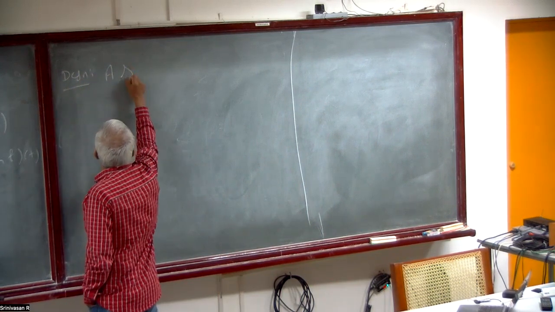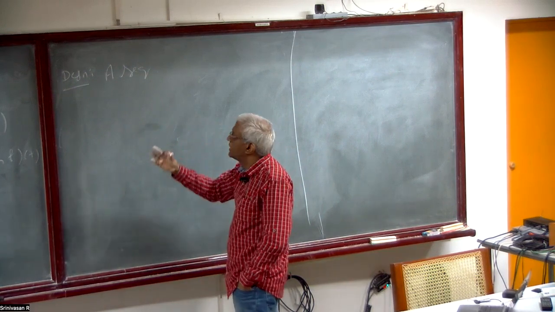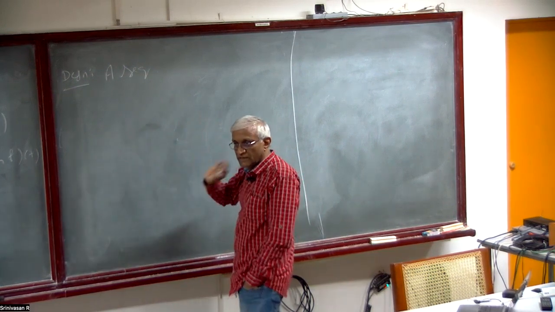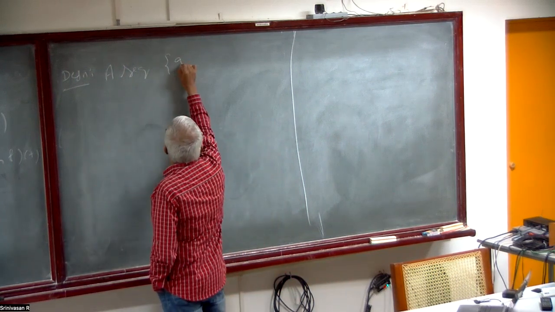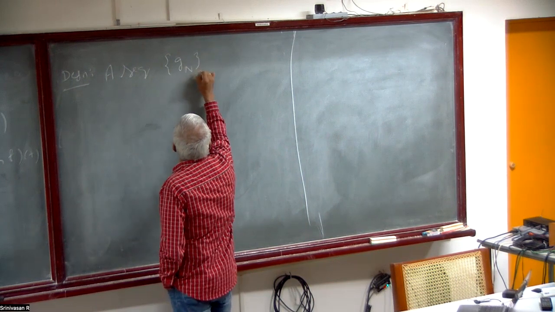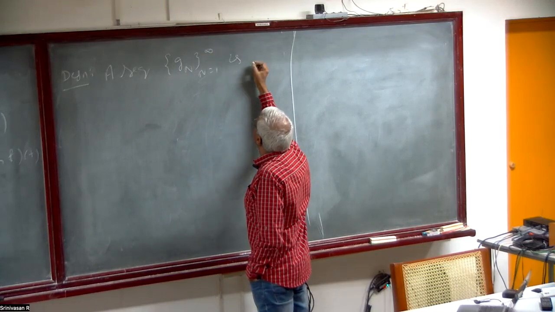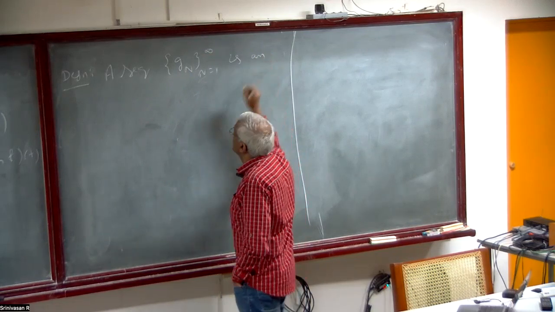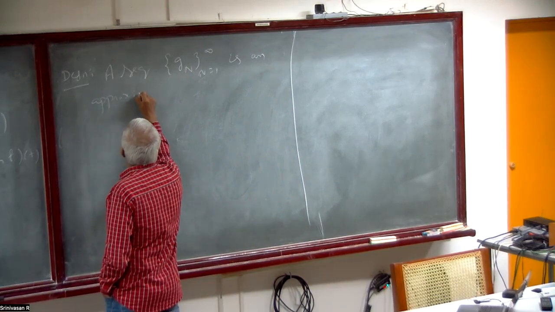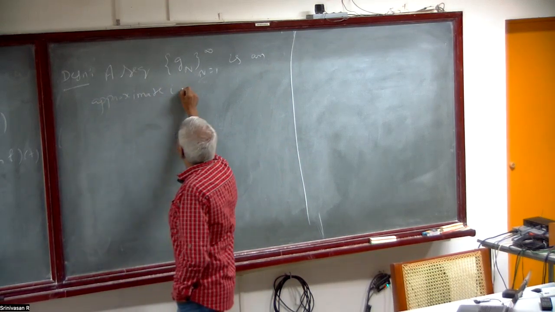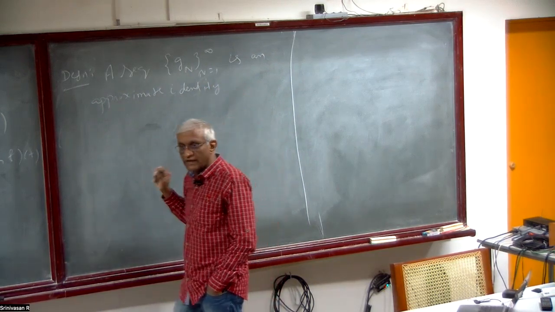A sequence of functions, I mean this can be more generally defined with functions in L2 or something, but for us we use only continuous functions, and what we are getting is also continuous. A sequence of functions gn, n equal to 1 to infinity, is said to be an approximate identity if it satisfies the following three conditions.